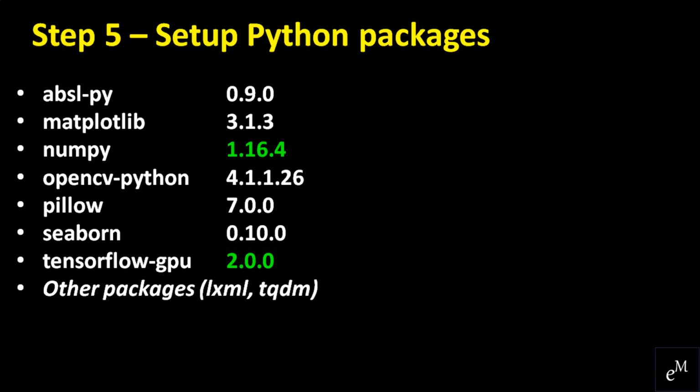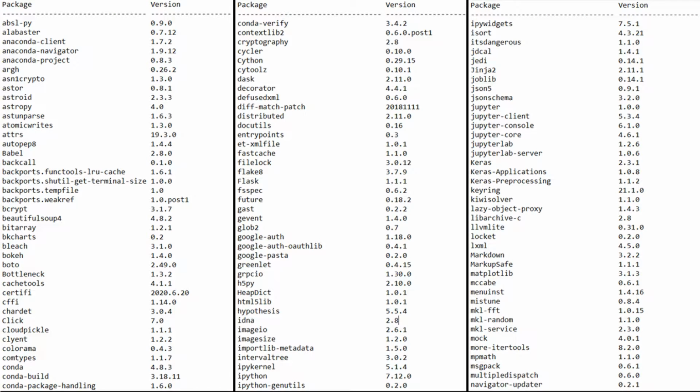Although it is still okay to use it, I still downgrade my NumPy just to avoid the warning. For the programming exercise, you might also need some other Python packages. So I just list out all the packages and their versions, just in case you might want to take a look. So this is the first slide of my package setup.